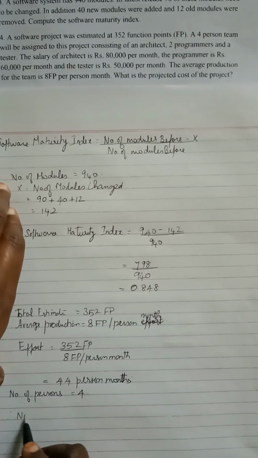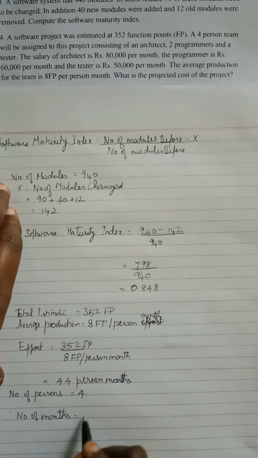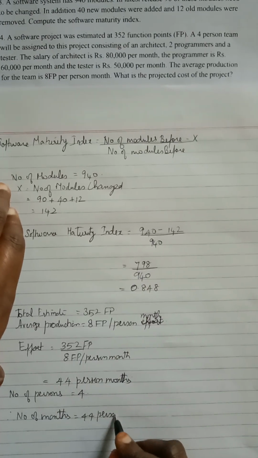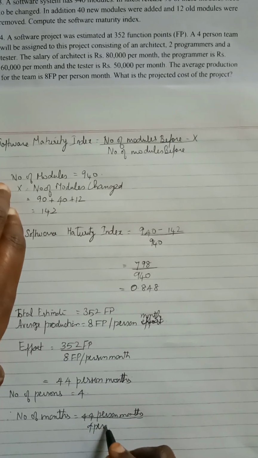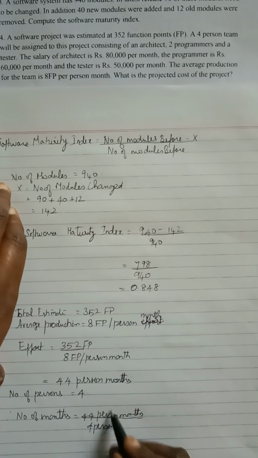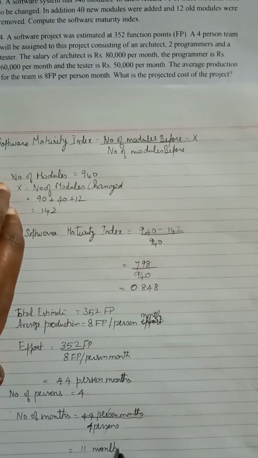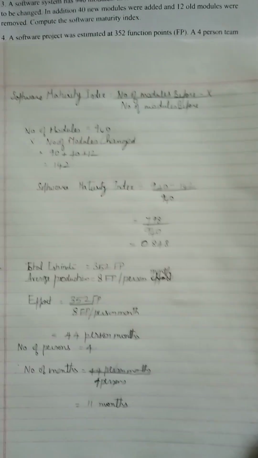Therefore, number of months will be 44 person months by 4 persons will give you number of months. So 44 by 4, which is 11. So it will be 11 months.